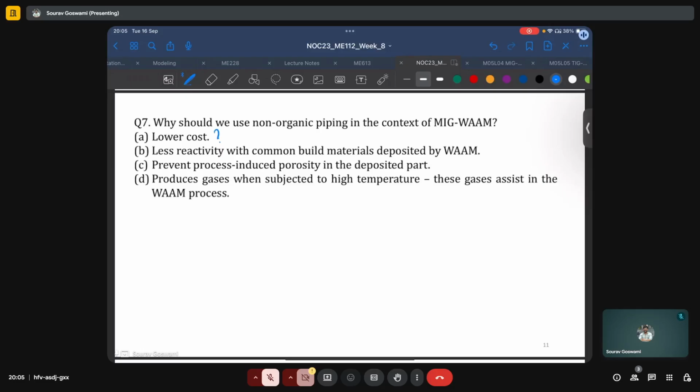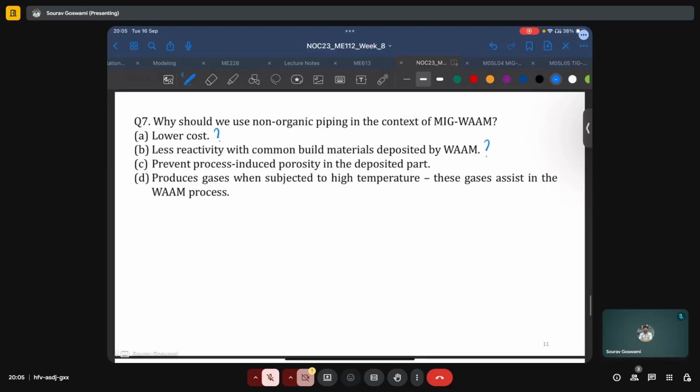The common build materials would typically include metals and alloys in wire form, and because of the considerably lower specific surface area of wires compared to powders, they may not have as much reactivity with either organic or non-organic piping materials. So this does not appear correct.